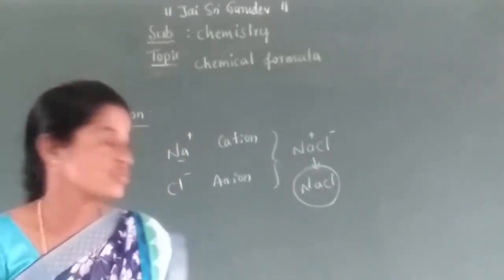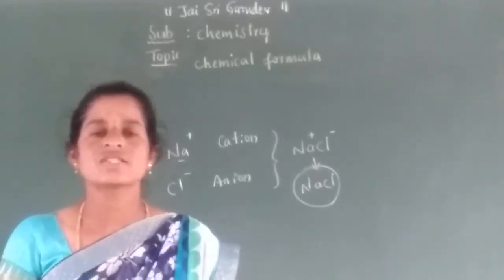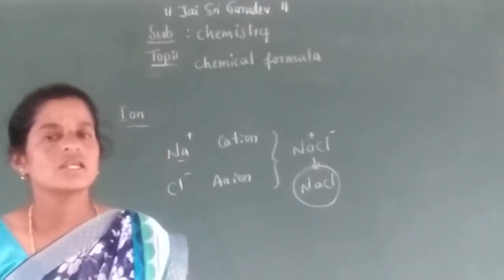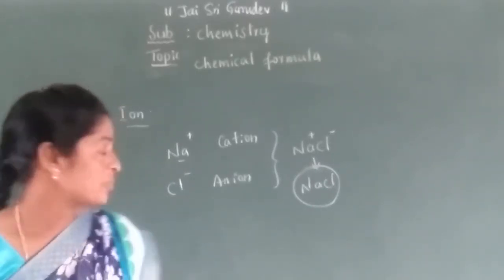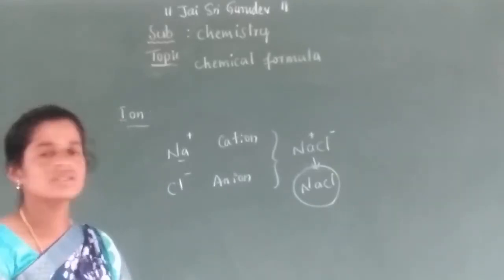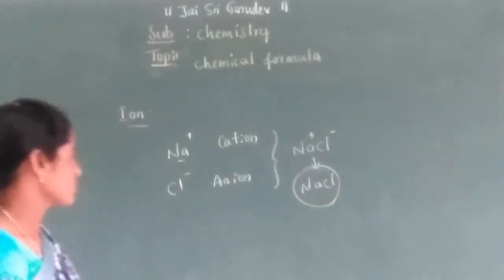This is the rule: the positive radical is written first, followed by the negative radical. Hence it is NaCl, that means Na plus and Cl minus. Like this we can write different compounds also.